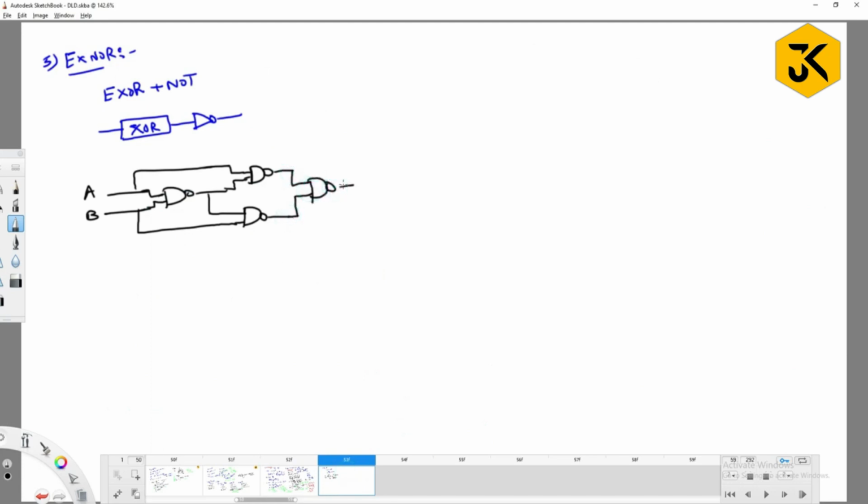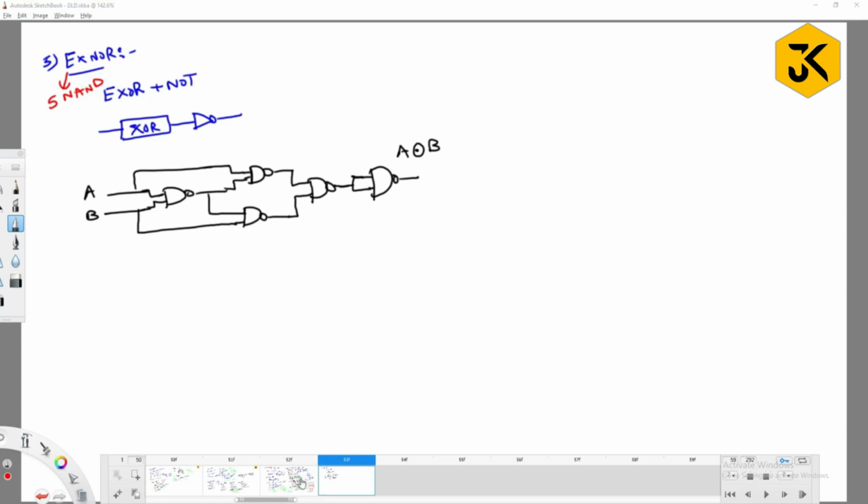This is what I will call XOR. For this XOR, if I add one more complement, I am going to get XNOR. So the final result will be A XNOR B. That's it. So in order to represent XNOR, how many NAND gates are required? 5 NAND gates are required.